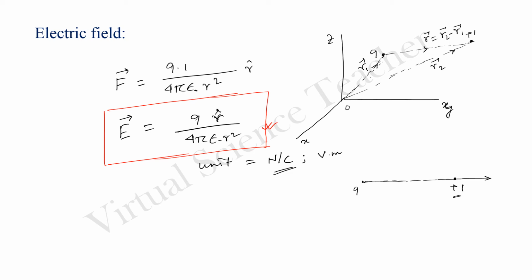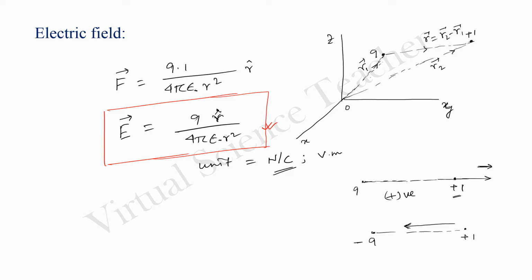That means the direction will be towards this way for a positive charge. And for a negative charge, this is always positive and this is the negative charge. This is an attractive force and the direction is towards the charge. You can consider different problems, and that's all.